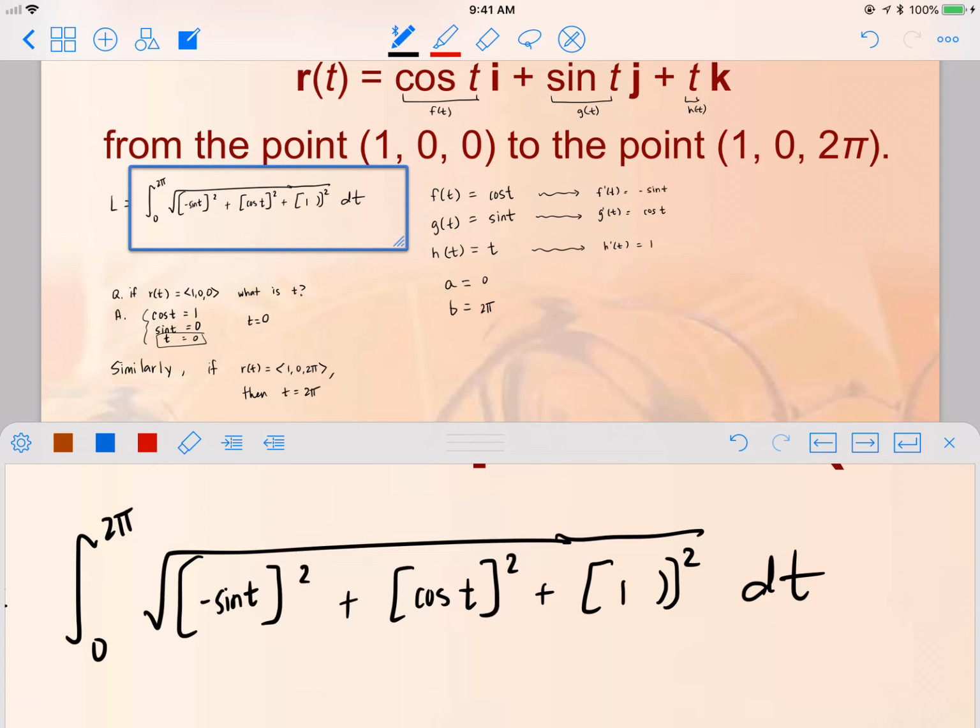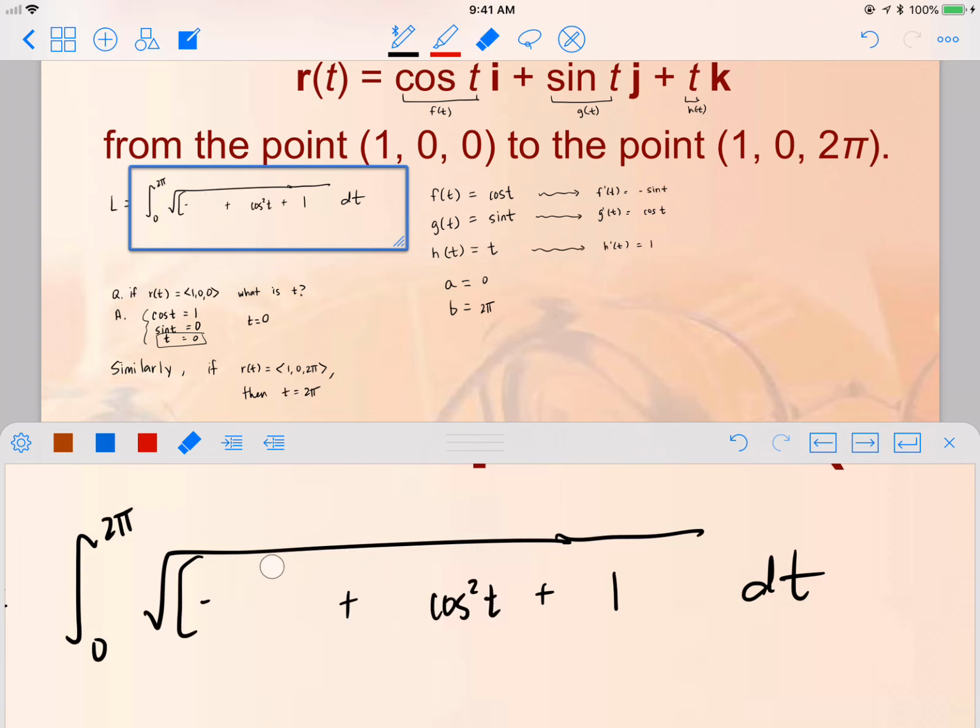and 1. Okay, so now, of course, 1 squared, that's just 1. Cosine squared, that's just cosine squared. And negative sine t squared is just going to be sine squared.